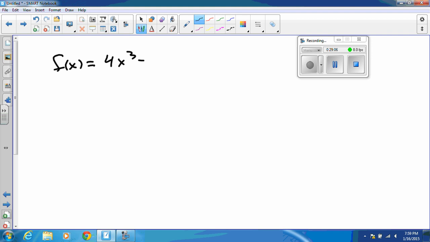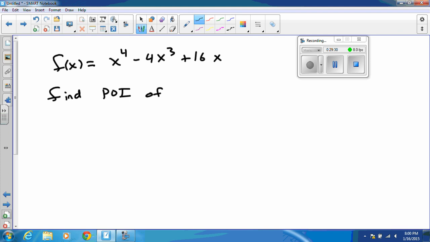What I'd like to do now is to consider how this works with a function given in terms of an equation. So let's consider f of x equals 4x cubed minus 12x squared. No, actually, excuse me, f of x equals x to the 4th minus 4x cubed plus 16x.